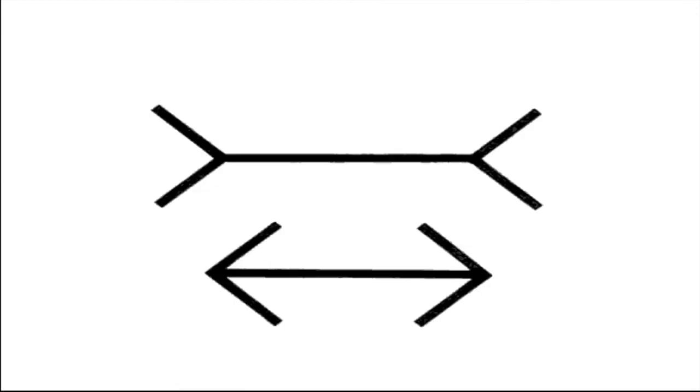Fodor was fond of illustrating the opacity and encapsulation of modules with the Müller-Lyer figure, shown here. So let me ask you, which line seems longer? If you're like me, you will say that the top line seems longer. Now, if we measure the lines, we'll see that they are exactly the same length, despite appearances. So now we know that the lines are of the same length.